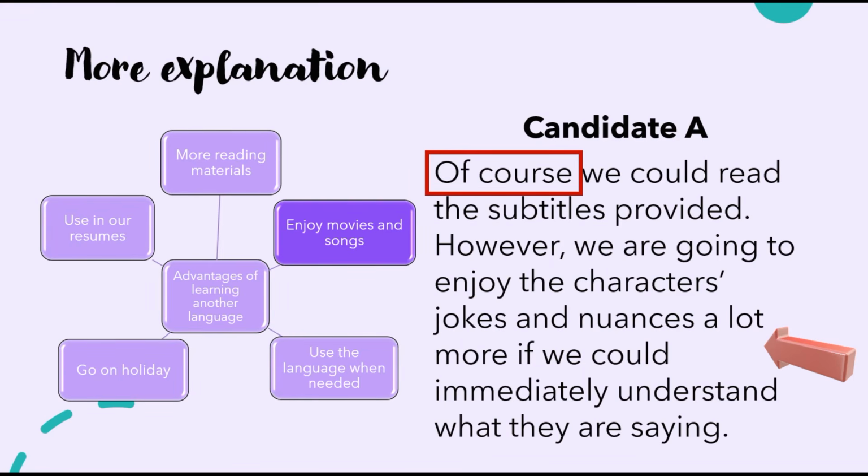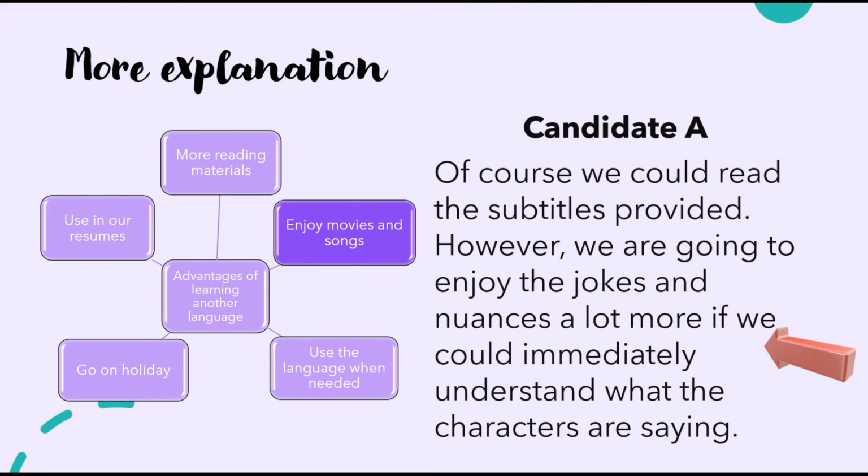The candidate has used of course here to state something that people already mostly know about. That is, to read the subtitles. And then is the use of however. However is used here to say about something that is opposite to what was said before. And the reason given for being able to enjoy the jokes and nuances a lot more is because we could immediately understand what the characters are saying.